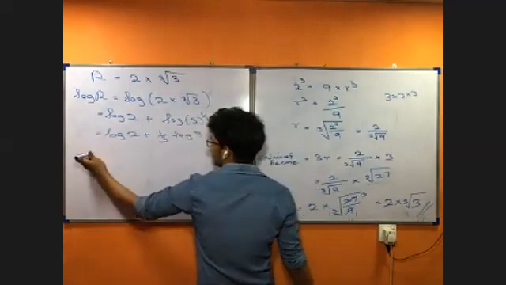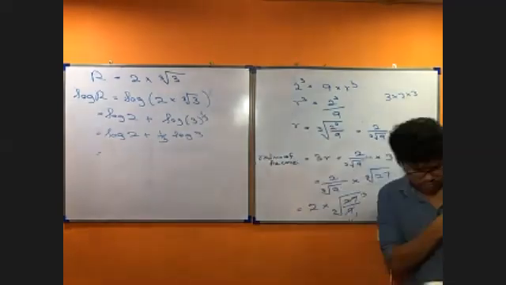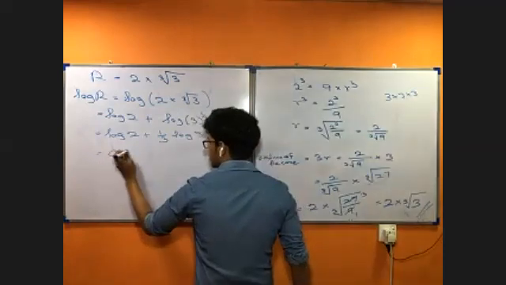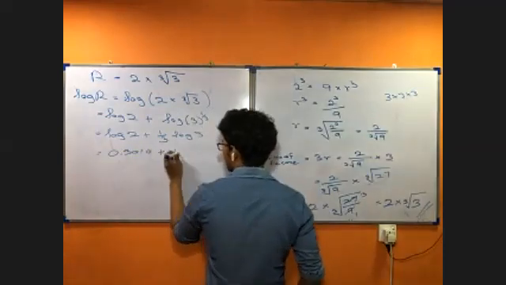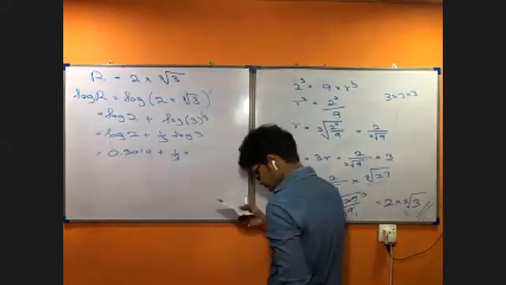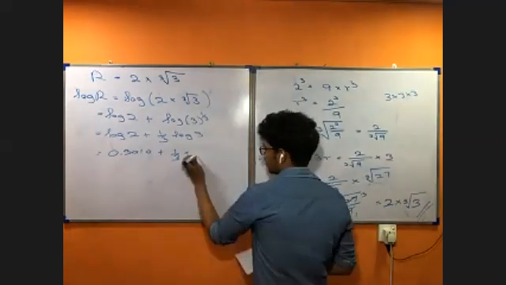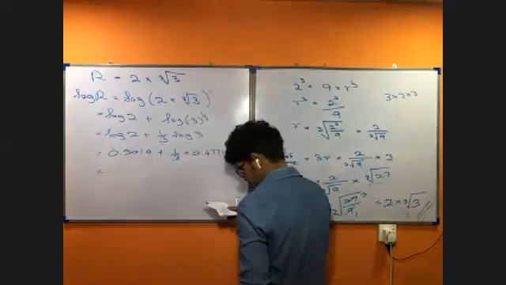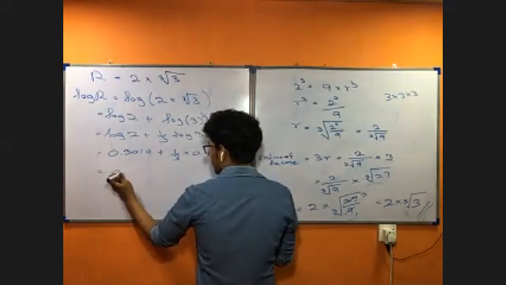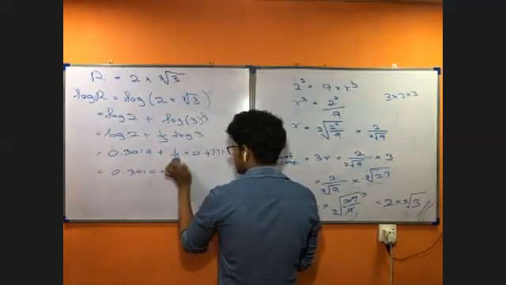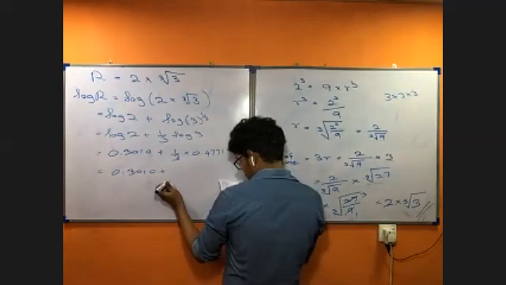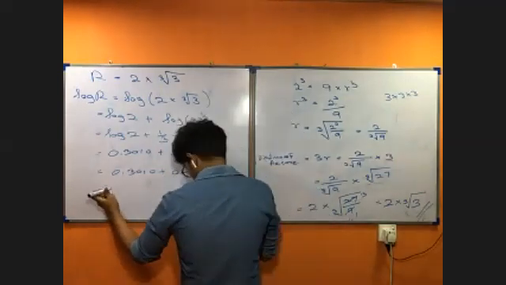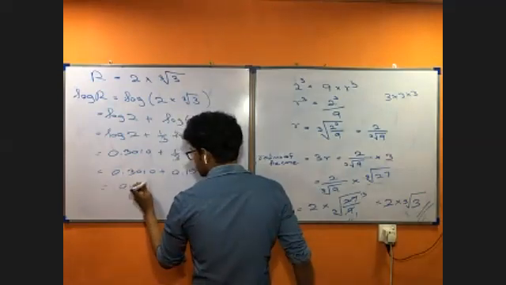Log 2 is 0.3010 plus 1/3 multiplied by log 3, which is 0.4771. So this is going to be 0.3010 plus, when you divide by 3, you get 0.1590, which is going to give me 0.4600.